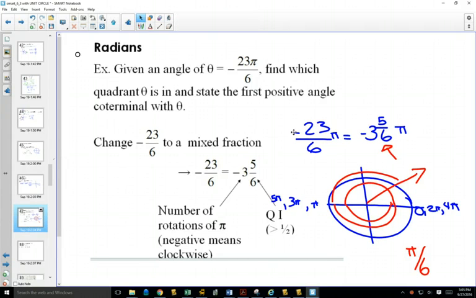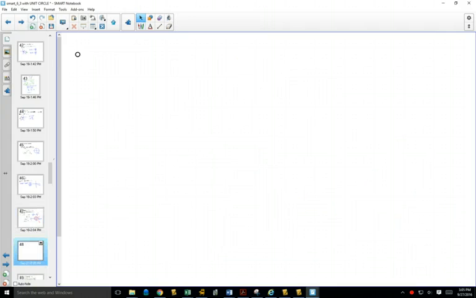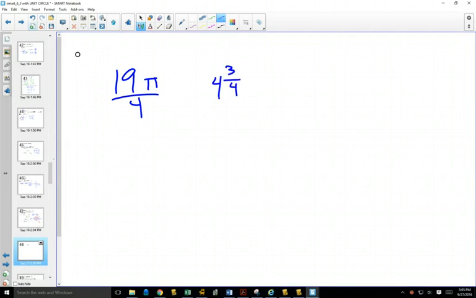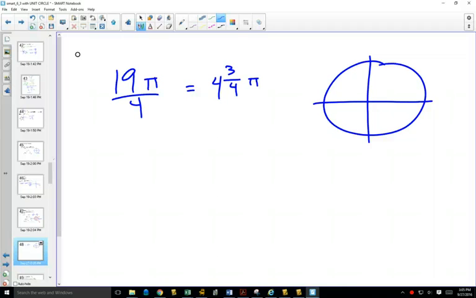Let's try another one. 19 pi over 4. If you change that into a mixed fraction, can you see that you would get 4 and 3/4? Think about your unit circle. 4 would get you to here: 1, 2, 3, 4. 3/4 is more than half.